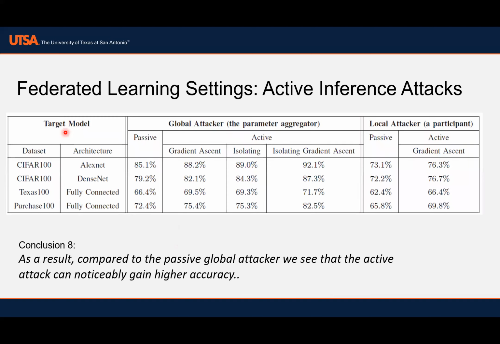And for the federated learning setting and active inference attacks, they use gradient ascent.